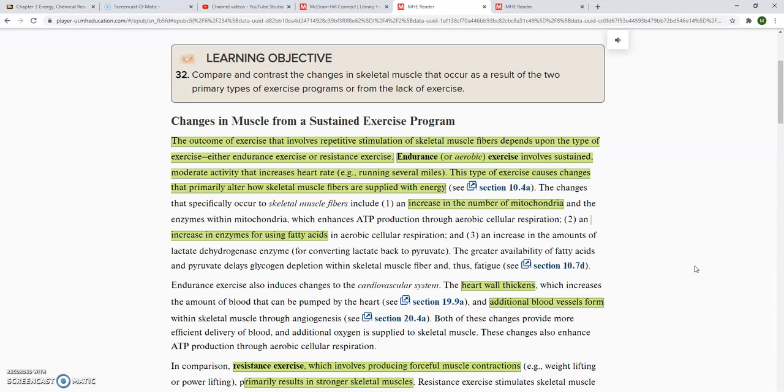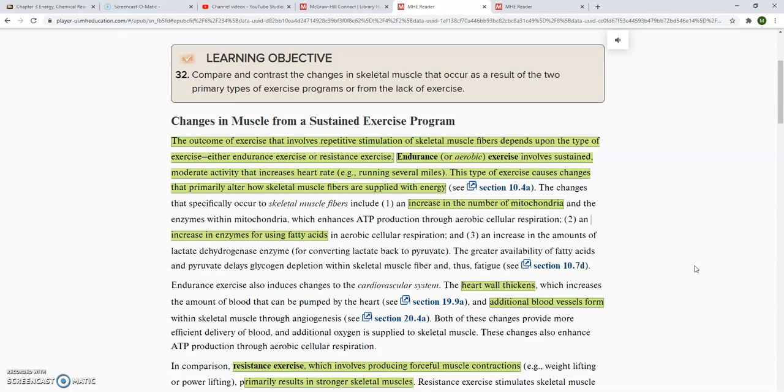And so that helps with preparing your skeletal muscle fibers or cells to handle those longer endurance exercises, be able to provide the ATP needed with little to no fatigue. So that's good for our skeletal muscles.